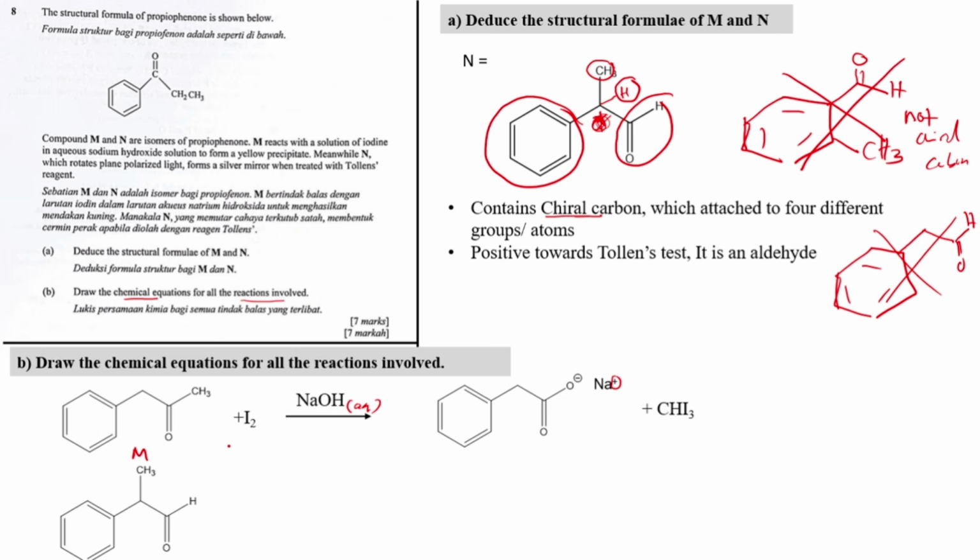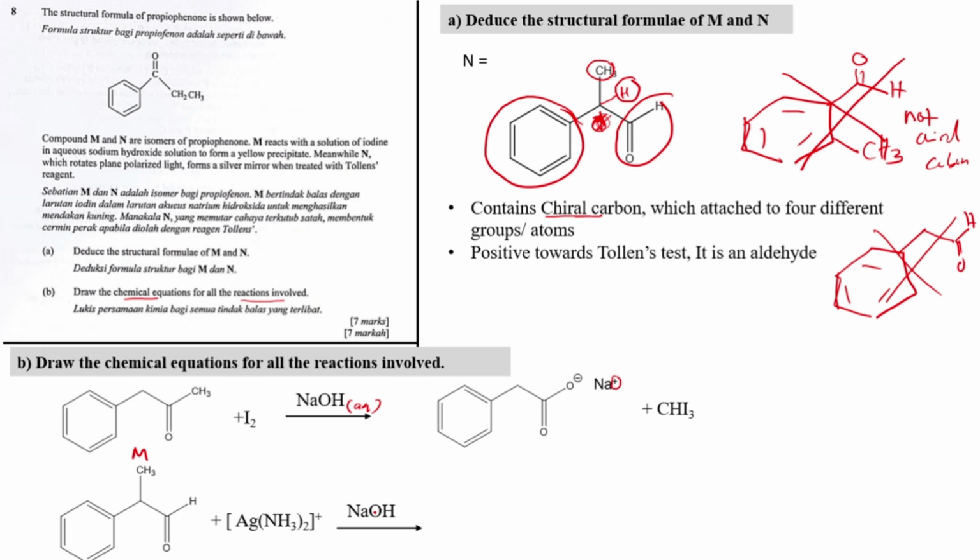Meanwhile, for N, you're going to draw back the structure, and then you're going to make the chemical equation. So your reagent is Tollens. So this is the Tollens reagent, Ag(NH3)2 with a positive charge. Then under the Tollens reagent, it's going to have a basic condition, which is the NaOH.